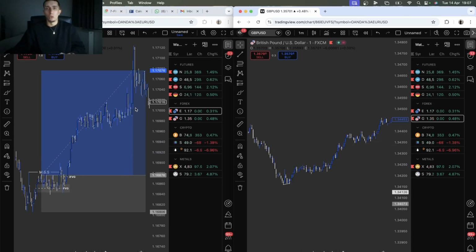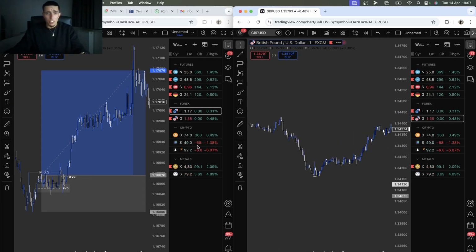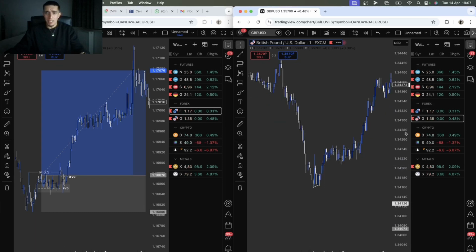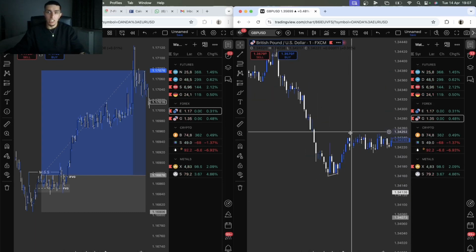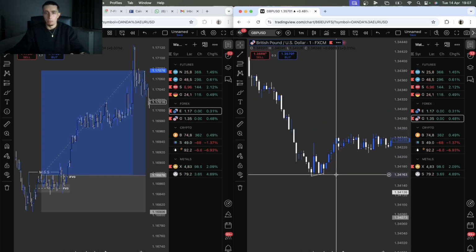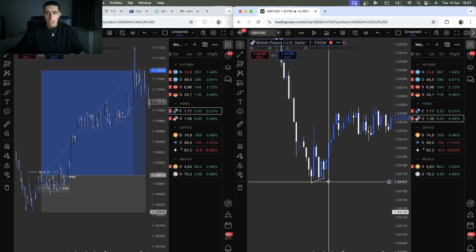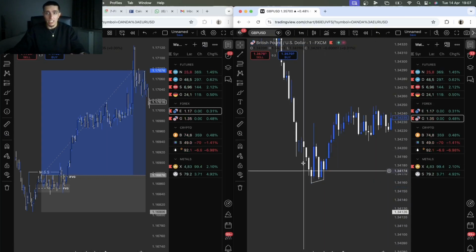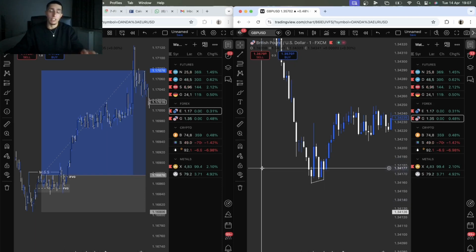Why do we have Euro USD and GBP USD open? Because they both move in the same direction. So our first step is finding an SMT. Now, if you guys don't know what an SMT is, that is called a smart money technique. Basically, an SMT is when one pair takes out the liquidity but the other pair fails to do so.